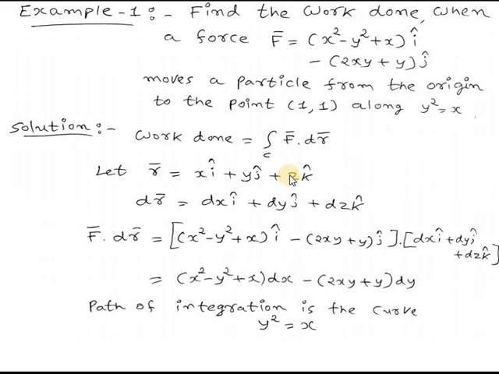And to check whether it is independent or dependent, we have to find curl f bar. If curl f bar is equal to 0 vector, then we can say the line integral is independent of path. So here in this example, if you are getting curl f bar equal to 0 vector, then the answer of the line integral for path y equal to x will be the same.